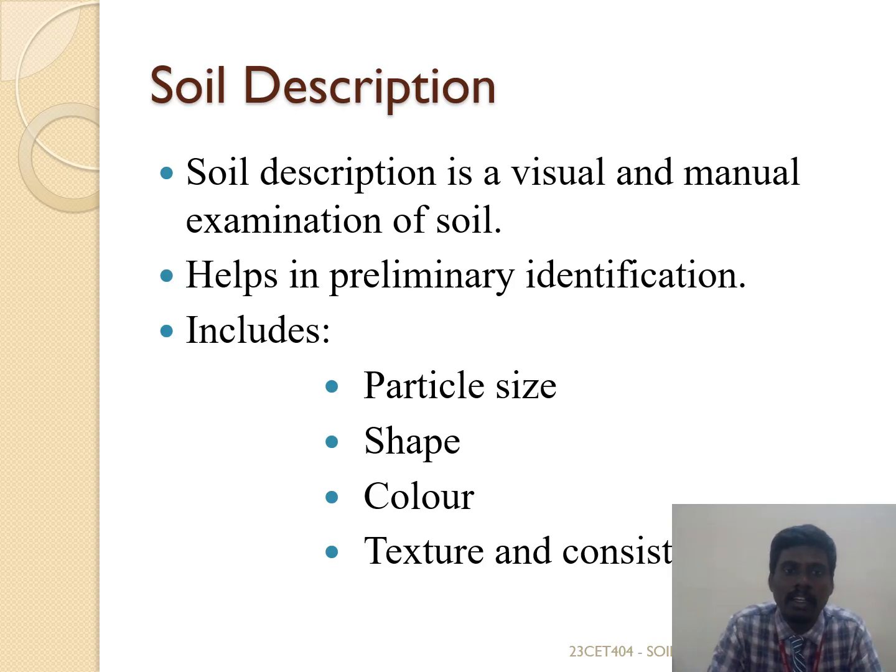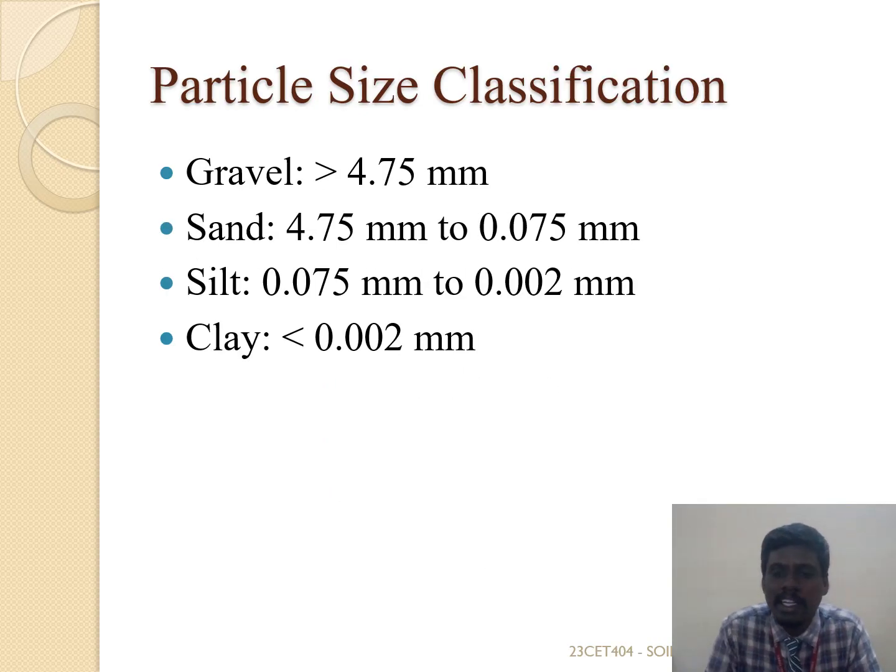The next one is particle size classification. Based on the size of the particle, the soil is categorized. If the soil particles are less than 0.002 millimeter, that means 2 micron size, the soil is classified as clay.